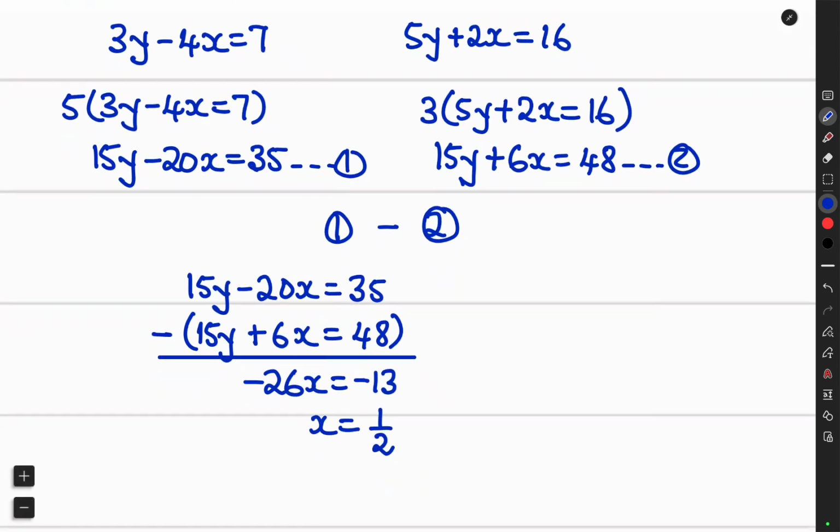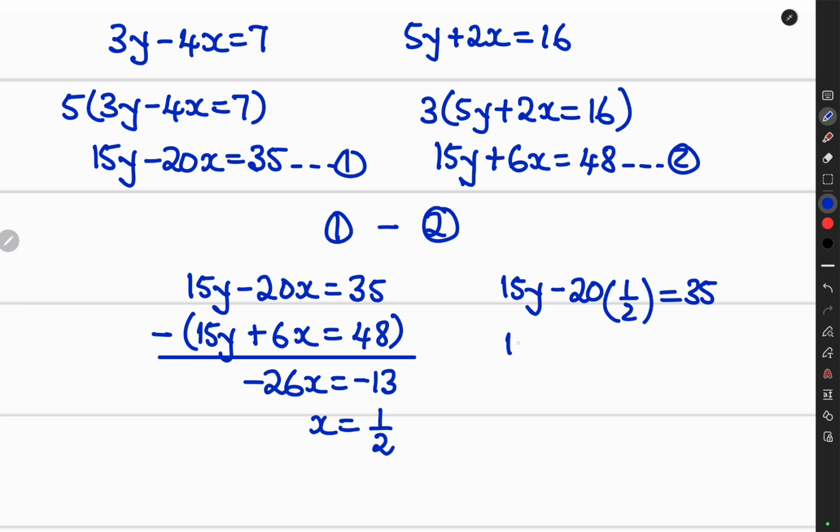If we choose equation 1, minus 20 times half equals 35.